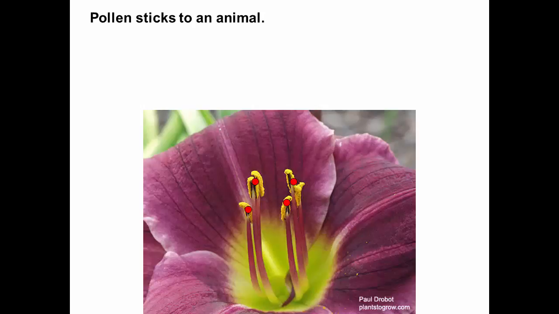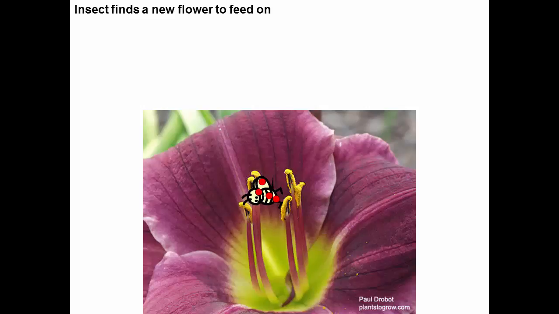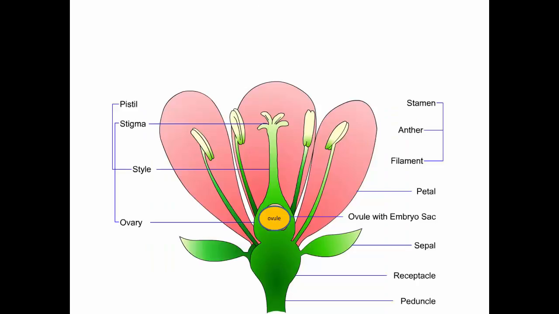So if we look at the overall view of sexual reproduction in plants, we start with the flowers, often visited by pollinators. As they feed in the flower, they get pollen grains stuck to them. As they fly away to visit another flower, some of those pollen grains fall off, and some of them land on, what part is this?